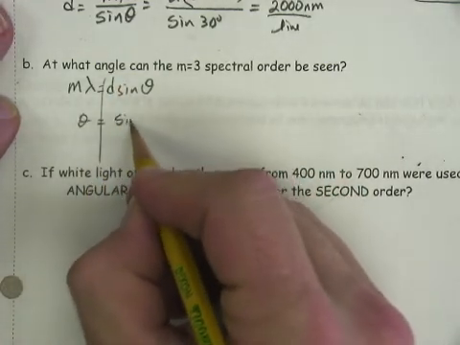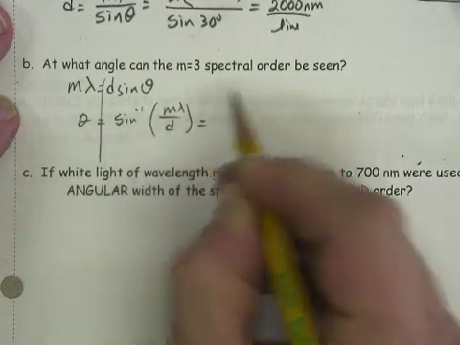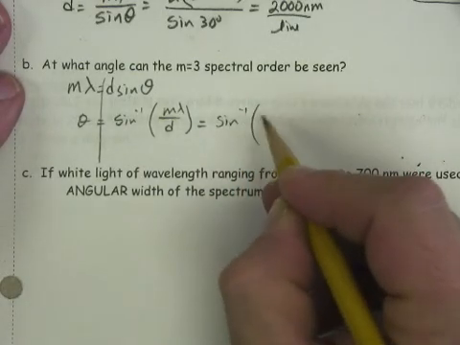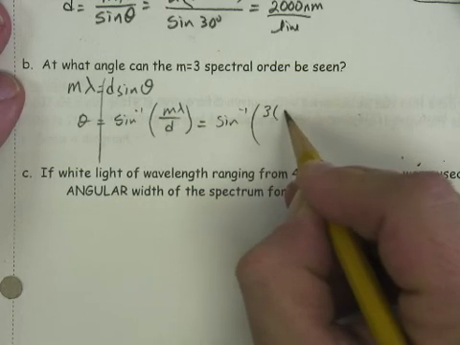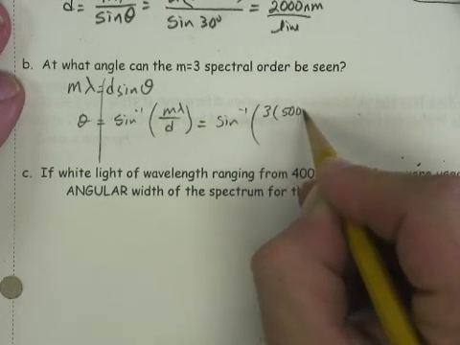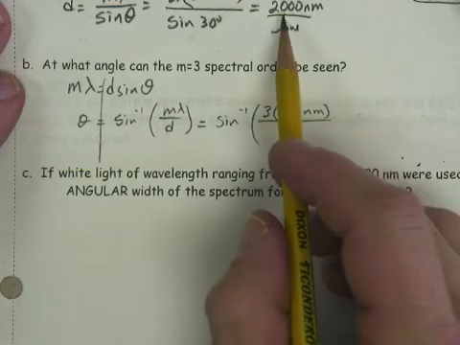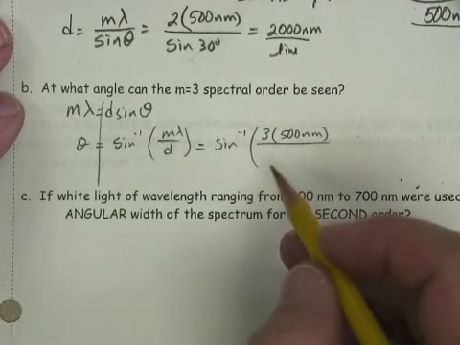So theta is going to be inverse sine of m lambda over d. So we have sine inverse of m, we're doing the third order, times the wavelength, which was 500 nanometers from above, divided by d, which I just calculated, which is 2,000 nanometers per line.